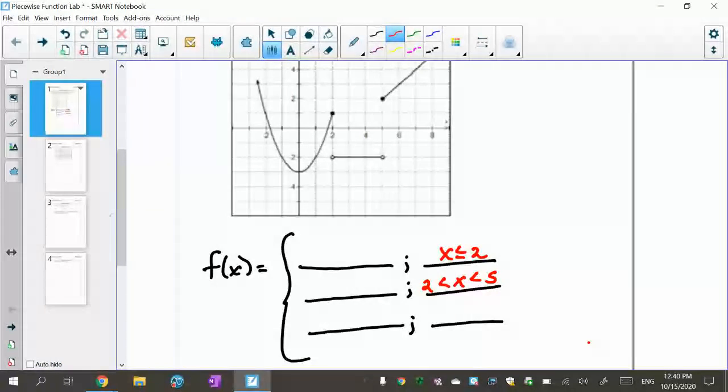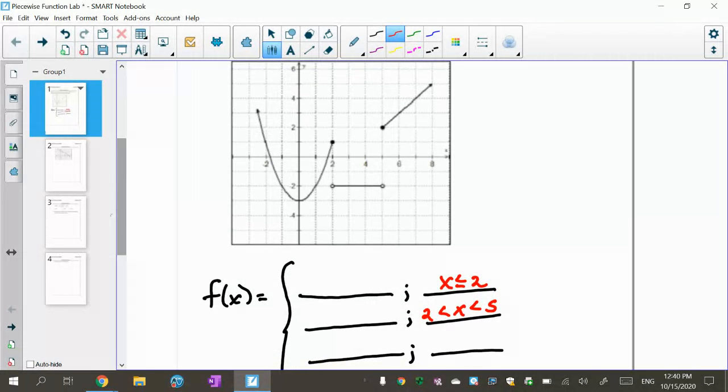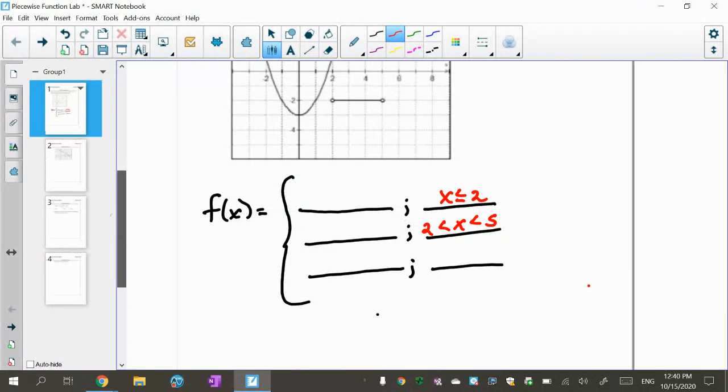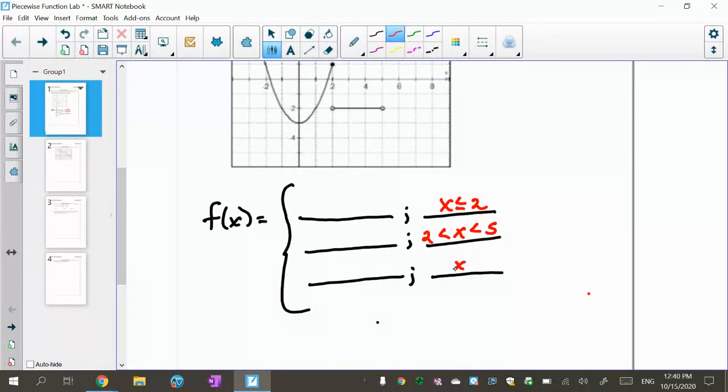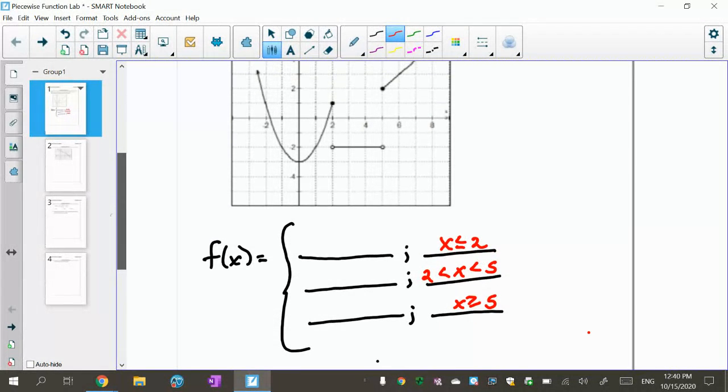This right piece, which I kind of broke off a little bit, starts at 5 and it's a closed circle, so x is greater than or equal to 5. Lots of times I like to get that part done so I know all the domain restrictions of those pieces of the function.